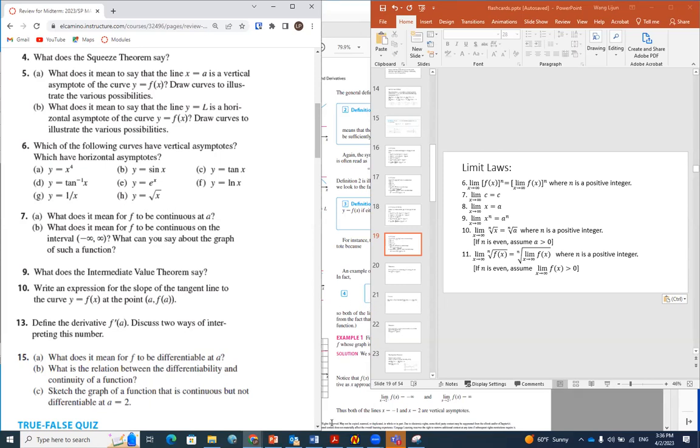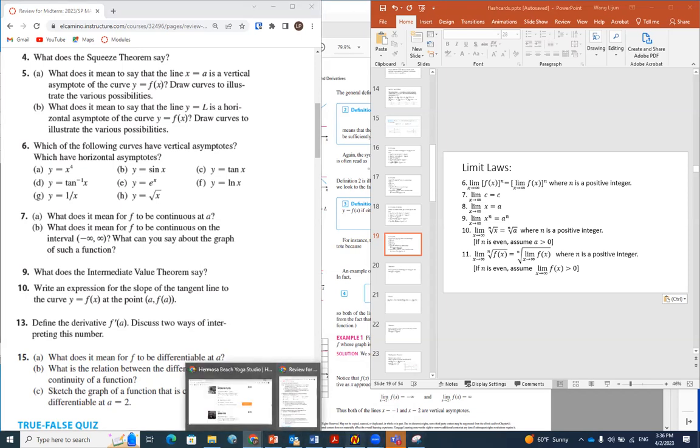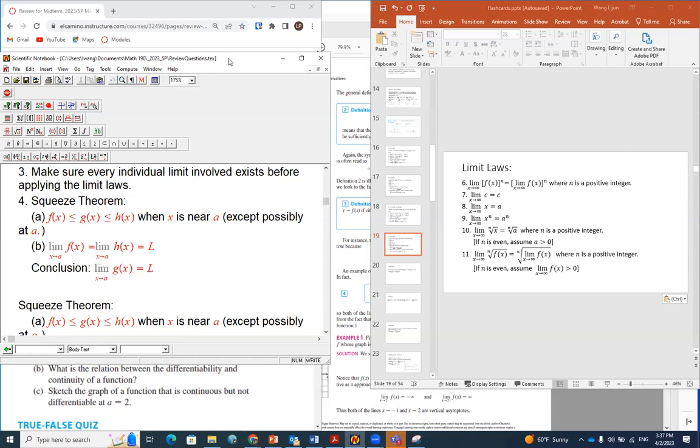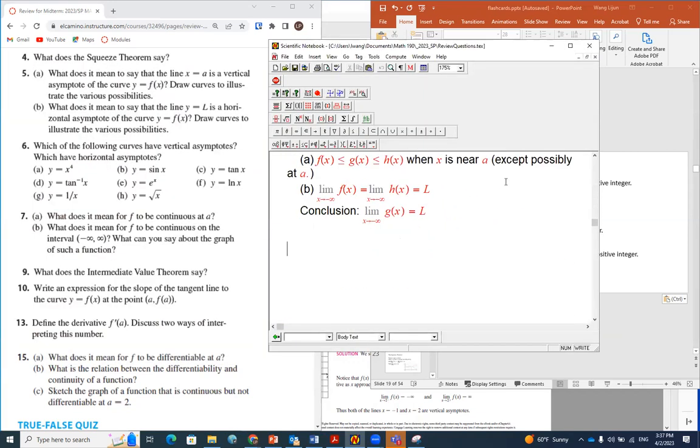All of these functions, which of the following curves have vertical asymptotes? Which have horizontal asymptotes? These are all basic functions, right? So let's just take a quick review about these functions and their asymptotes.